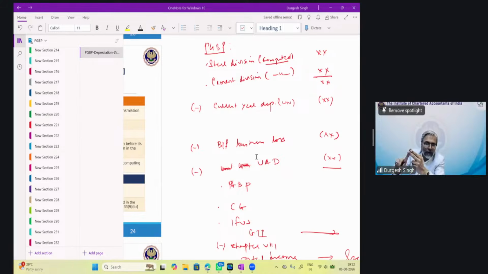How? If you have assets having different rates of depreciation in that class. So in the case of plant, you have motor car also, you have solar panel also, you have computer also. But is it that motor car or general plant or aeroplane or computers are at the same rate?